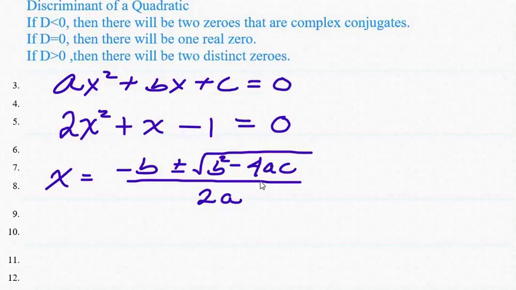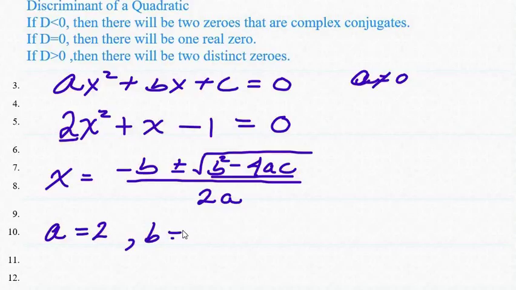We derived the quadratic formula by completing the square. Remember that a cannot be equal to 0. So here we go. First off, let's look at this. This is our discriminant. Let's take a look at that real quick. First, we should probably write our a, which happens to be 2.